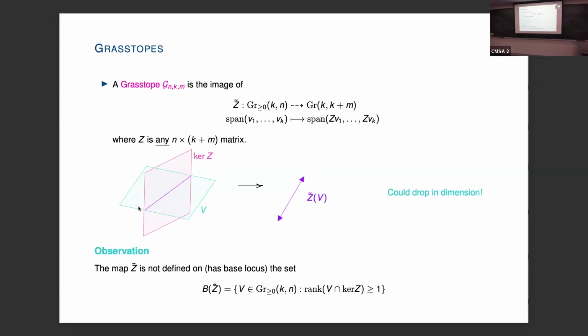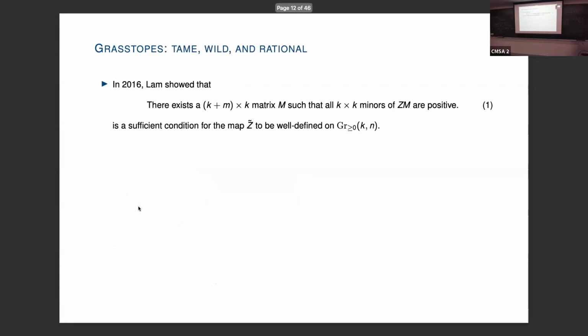So when are these well defined? In 2016, Thomas Lam showed that this condition, that there exists a k plus m by k matrix M such that all k by k minors of Z times M are positive, is a sufficient condition. If this occurs, then the map Z tilde is well defined on the positive Grassmannian.